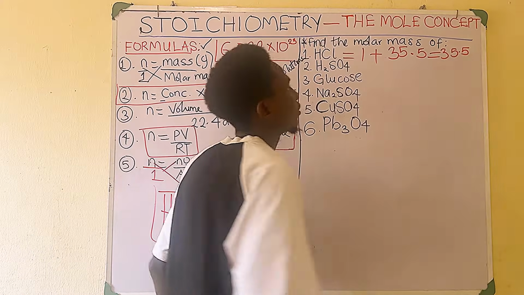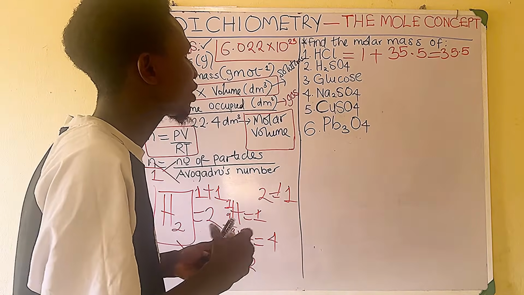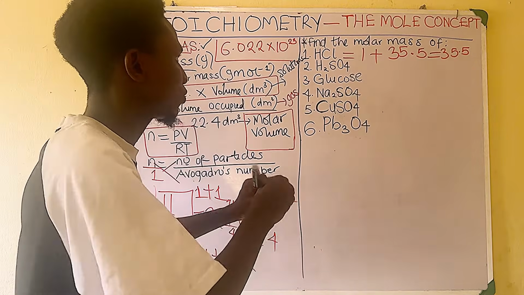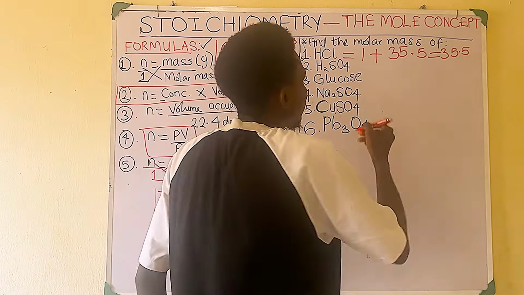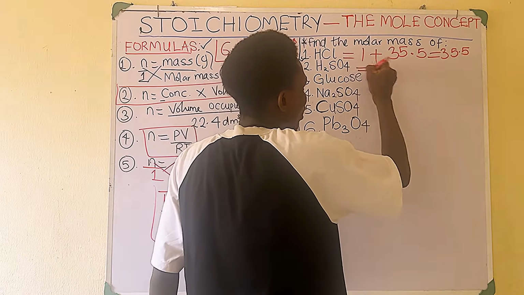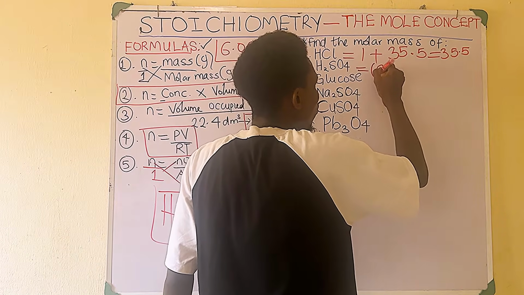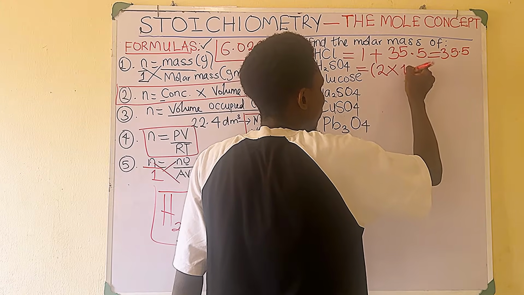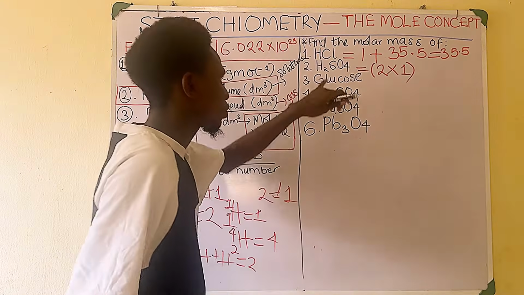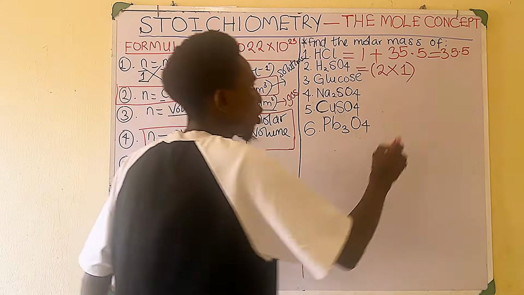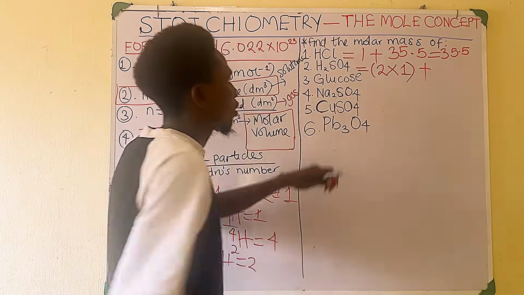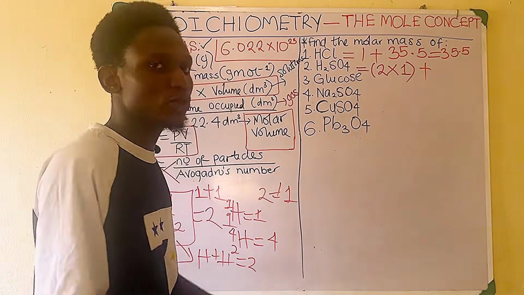36.5. Now, for H2SO4, same thing applies. Now, you see what I'm trying to say comes into play. Here now, for H2SO4, we're going to be having 2 times 1, because we have 2 atoms of hydrogen, plus sulfur. Now, what is the atomic number for sulfur?